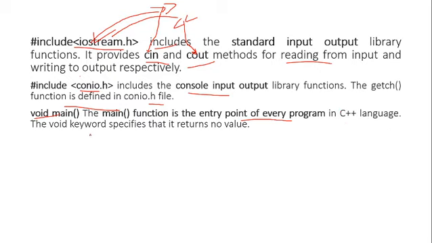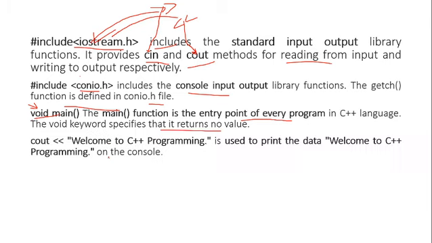The void keyword specifies that it returns no value. If you want to return an integer, float or double value, you can write that data type here. But if you write void, it means the function is not going to return any value.